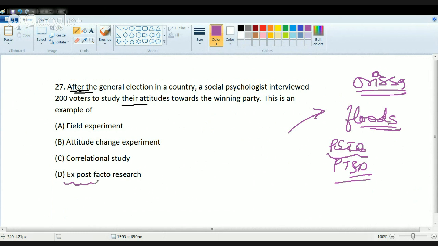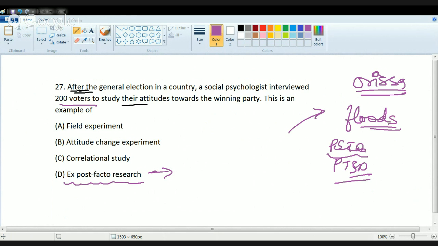So it is basically ex post facto research. Ex post facto research means I am trying to understand something after the general elections are over. So I am trying to understand the psyche of the voters after they have voted for the candidate. That is what ex post facto research is about.